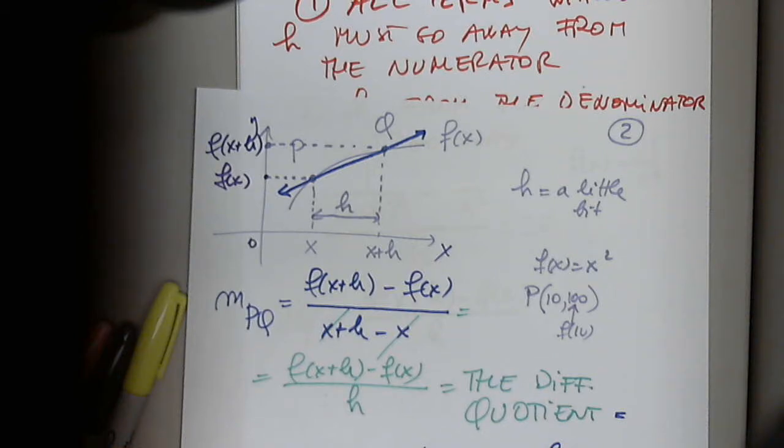The measurement unit for the top is miles. The measurement unit for the bottom is hours. So every ratio like this one, a difference quotient, will always have a measurement unit coming from the top over the measurement unit coming from the bottom. So please keep that in mind.